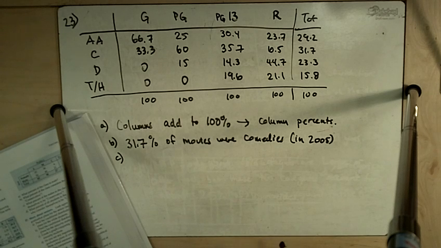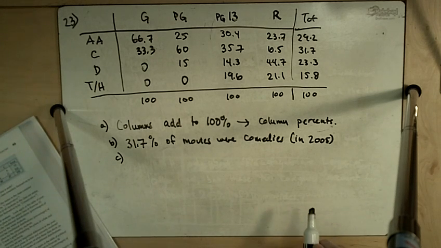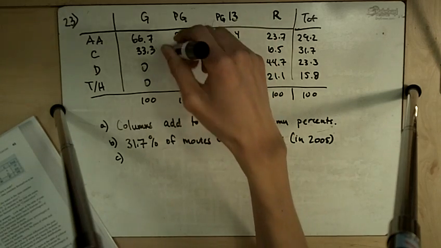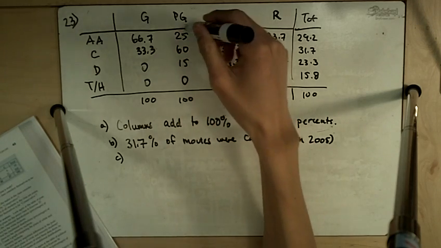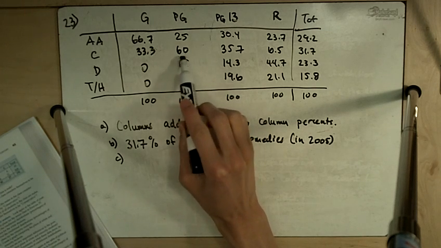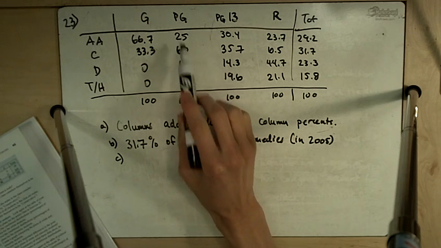C asks, what percentage of PG-rated movies were comedies? Now we're limiting ourselves just to the PG column, and we want to know what percent were comedies. According to the column, 60% of PG-rated movies were comedies.